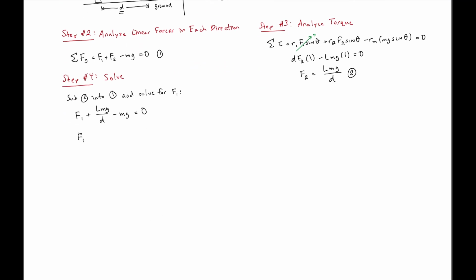We have F1 is equal to mg minus LmG over D, which is equal to mg times 1 minus L over D. F1 is equal to 90 times 9.8 times 1 minus 5.00 over 1.50, and F1 is equal to minus 2058 newtons.